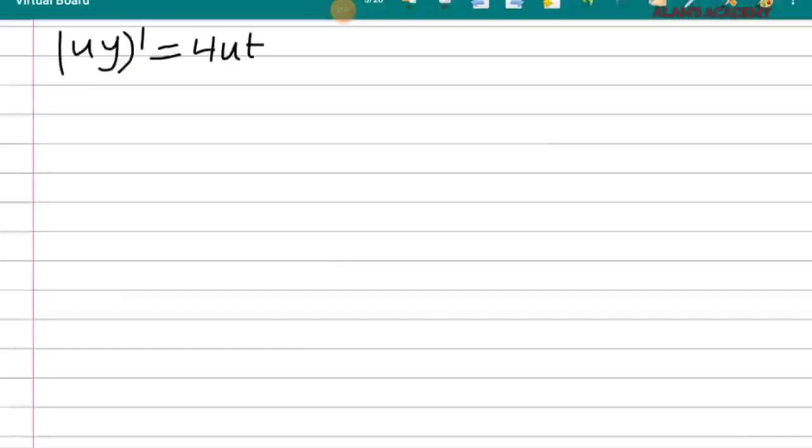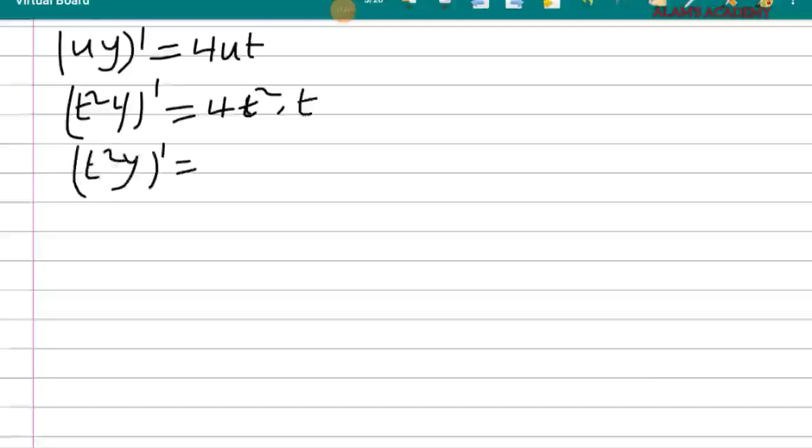So we substitute it inside. So I have t squared y' is equal to 4t squared times t. I'm going to have (t squared y)' is equal to 4t cubed.